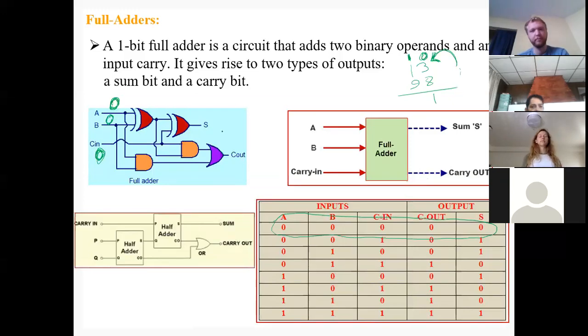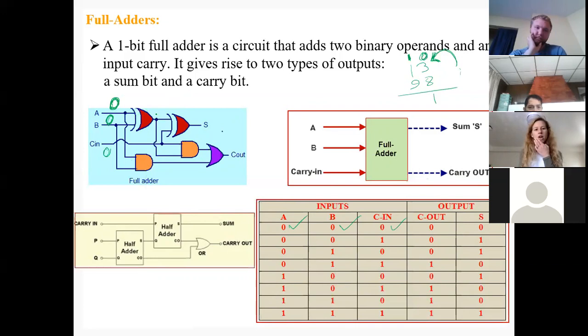Okay. So A is 0, B is 0, carry in is 0. So that's what I did here. A is 0, B is 0, carry in is 0. Okay. Now when A is 0, B is 0, what does this guy do? What will this be?